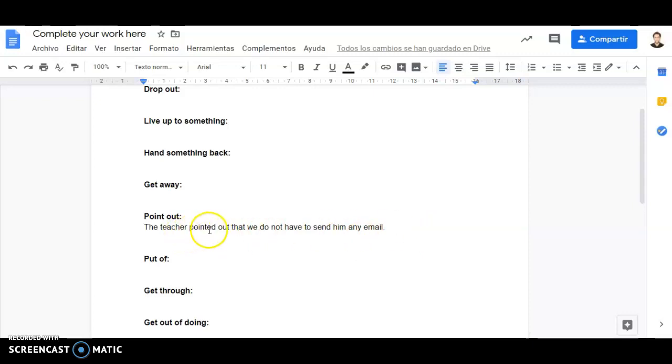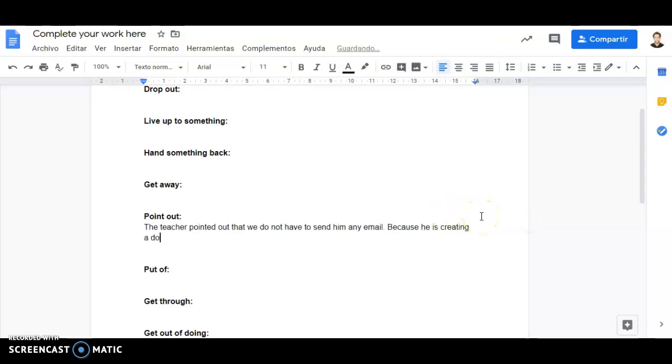So: the teacher pointed out that we do not have to send him any email because he is creating a document for each one of the students.